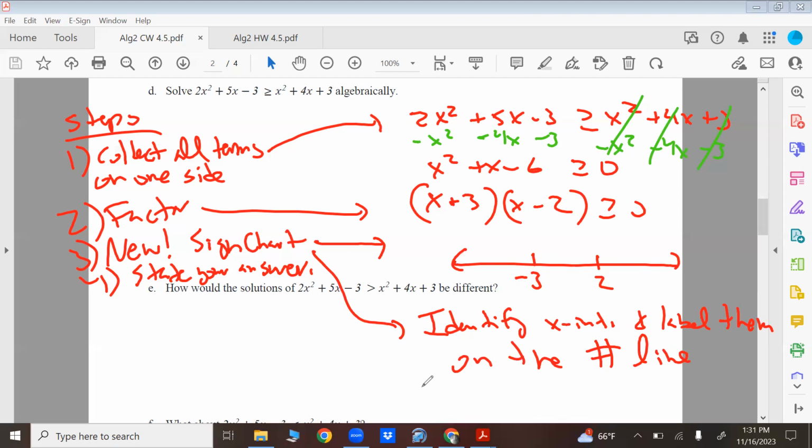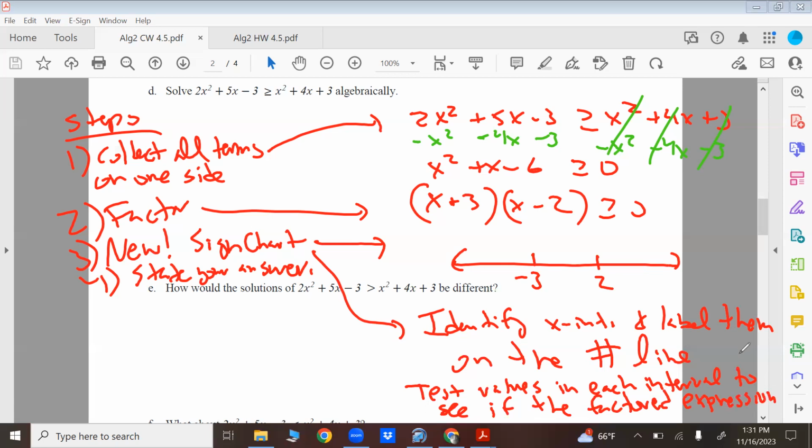Then what you do is you test values in each interval to see if the factored expression is positive or negative. Hope you guys can read that.